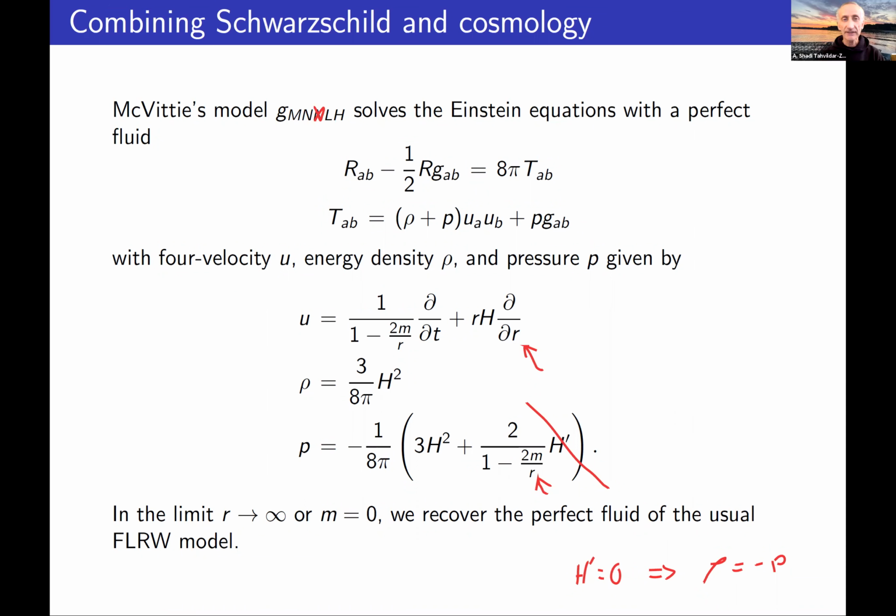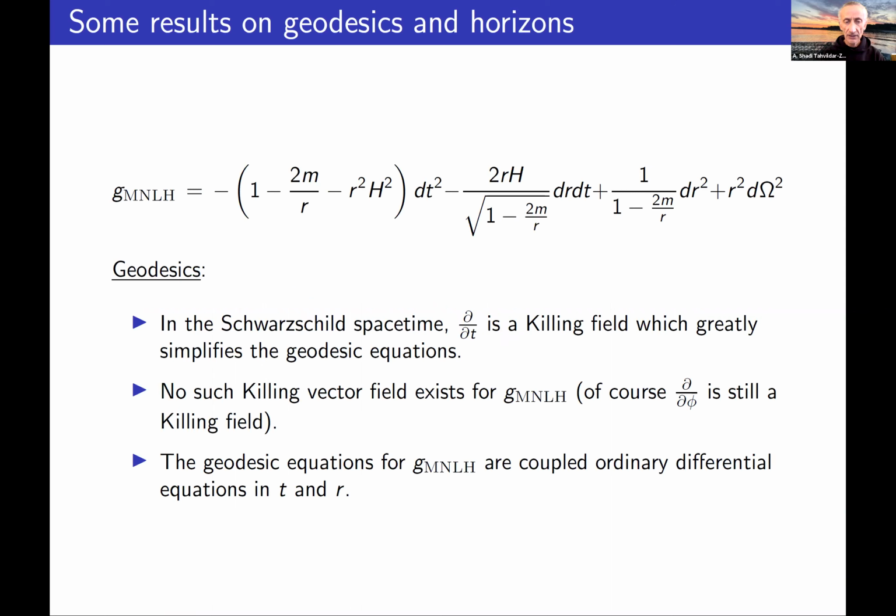Yeah, so Eric, this coefficient of dt squared is cubic, right? So do you get then 3 horizons? That's a good question.